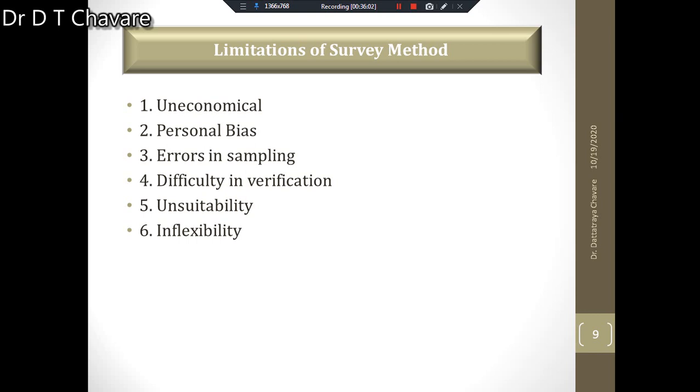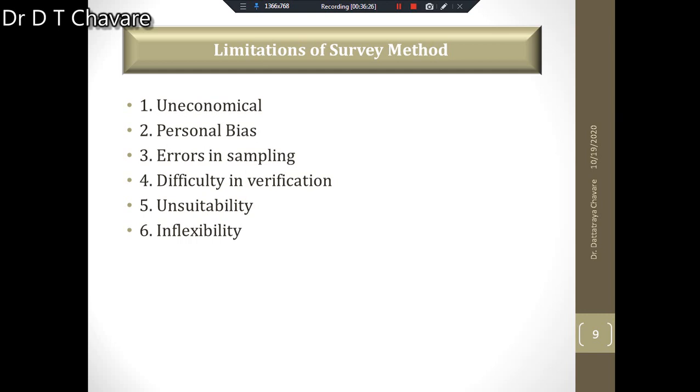Huge expenses are involved in traveling and data collection, but finally nothing special comes out of such huge efforts. That's why this method is unaffordable. This method is costly. This method is uneconomical, and this is the first limitation of the survey method.